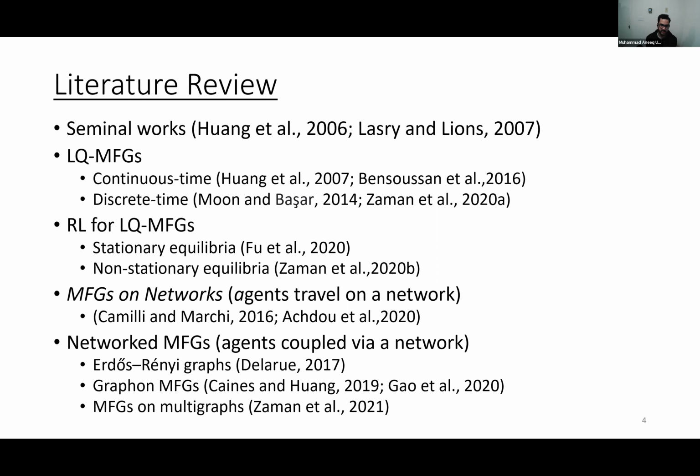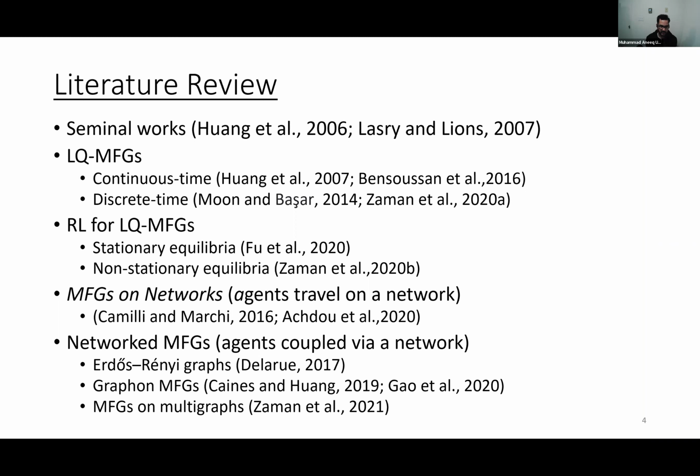The dynamics and the cost functions of the agents are dependent on the nodes that they are on. The second kind I call networked mean field games, where the agents are coupled via a network. The network enters through a coupling. I think the earlier works were on Erdős-Renyi graphs.